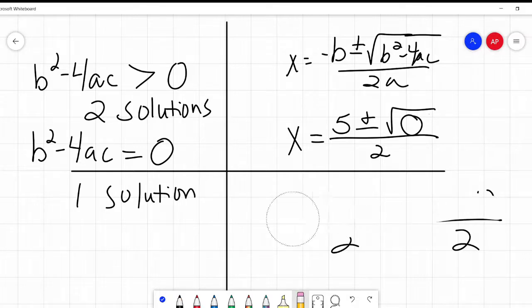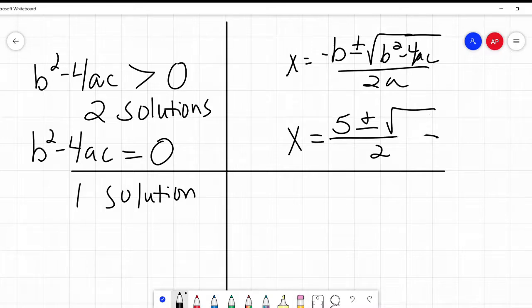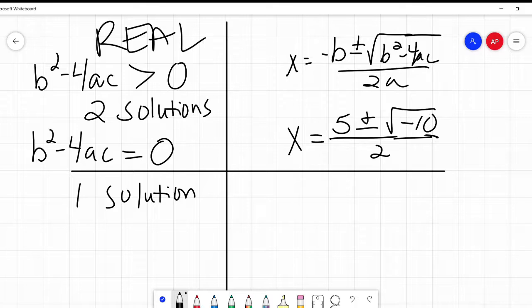And last but not least, what if this turned out to be something like, say, negative 10? Now, we're not talking about imaginary answers in this one. We're only talking about real solutions. I should say that all of these are real solutions only.